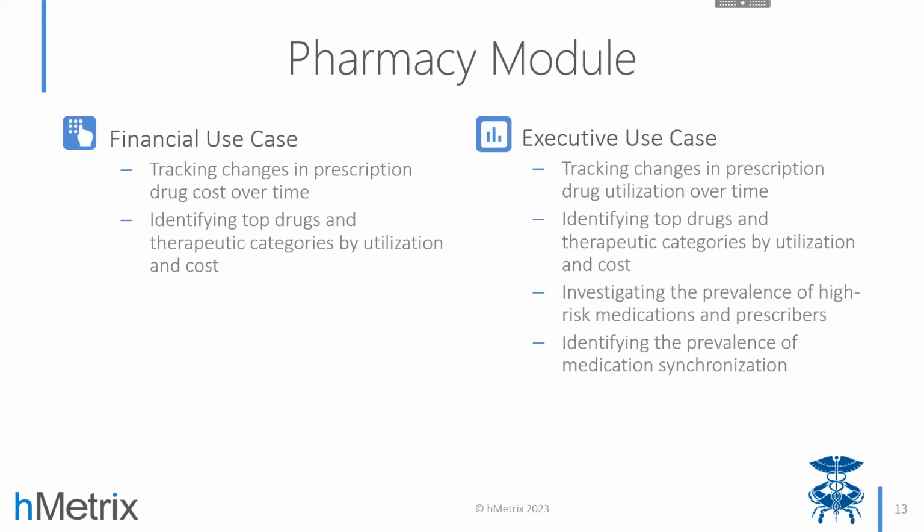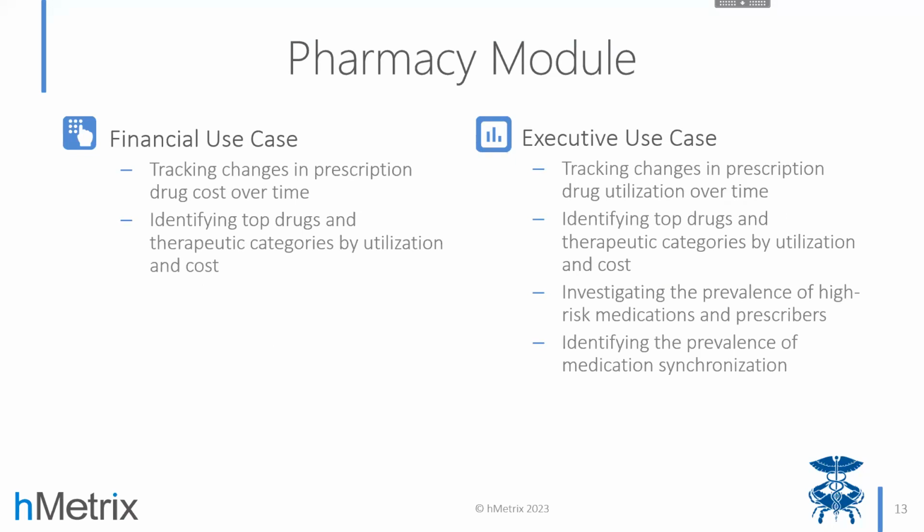So, onto the pharmacy module. There are a few different ways to use these reports. We can see we've got our financial use case on the left, where we can look at tracking prescription drug use over time, as well as the breakdown of generic versus brand prescriptions being used by your beneficiaries.